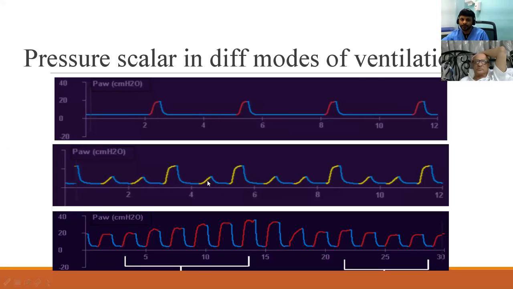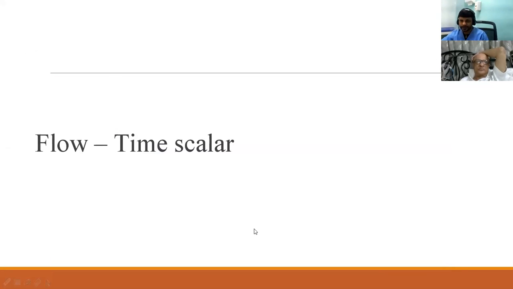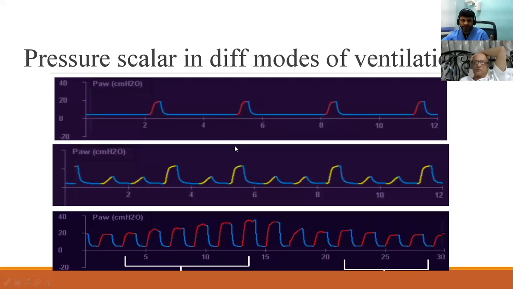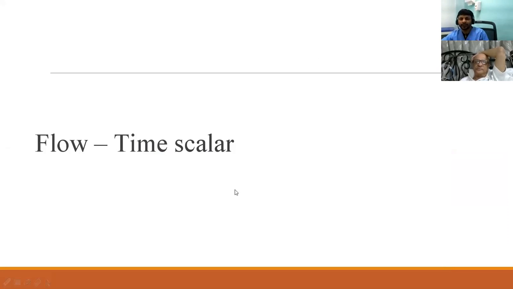Thereby, these are the patient's spontaneous breaths, and these are machine assisted breaths. Like I told you, this is a baby breath that is assisted because the color coding is different. This particular pressure, if you see, it is varying. Okay, it's increasing, decreasing to the needs of the baby. This is nothing but volume guarantee mode of ventilation that is used in neonates. So from a pressure scalar, we'll get to know what are the pressures that are set, what is the kind of ventilation that we are using, and again, what is the flow rate that we have set in the ventilator.